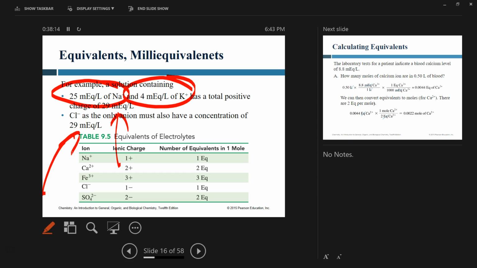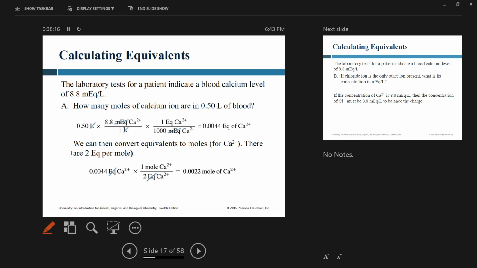So, sometimes you have to convert equivalents into the concentrations. So how do you do that? Let's say you read the patient's blood work and it shows you that the calcium level in the patient's blood is 8.8 milliequivalents per liter.